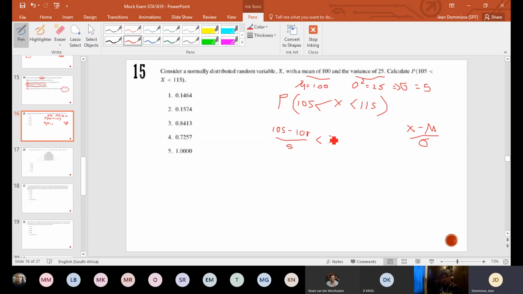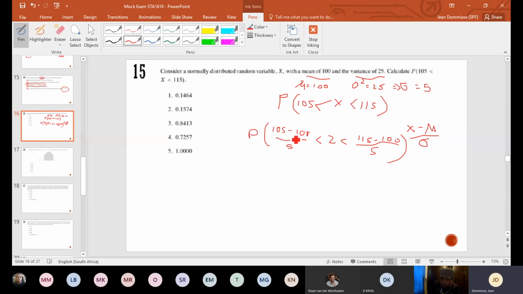So we're turning it into a Z. And here it will be 115 minus 100 divided by 5. So we're going to work out what is the probability.